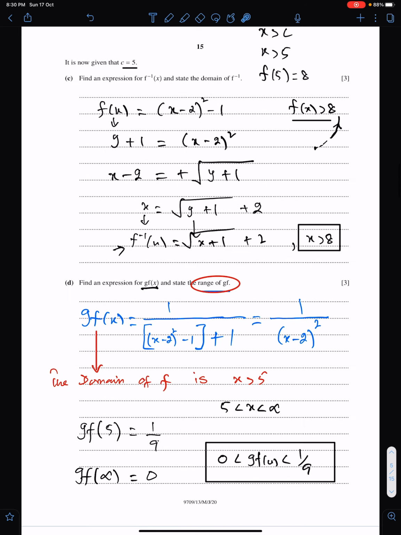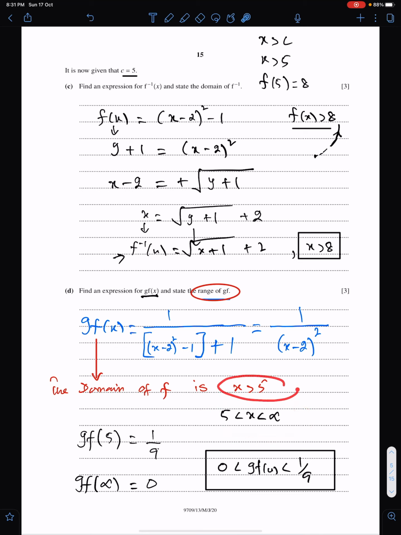This is the expression of gf, and here is the range. This is another way of writing the range, but this method is simple. You all can understand this method. This x greater than 5 means x lies between 5 and infinity. So these are the corresponding values of gf for these values of x. Therefore the range is 0 to 1 upon 9.